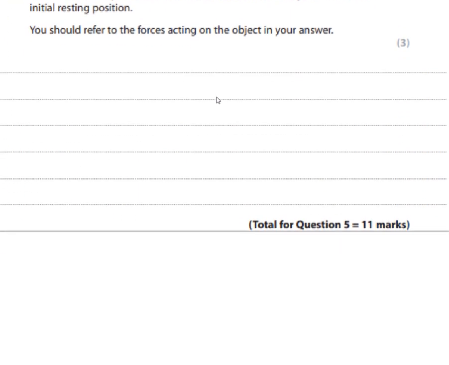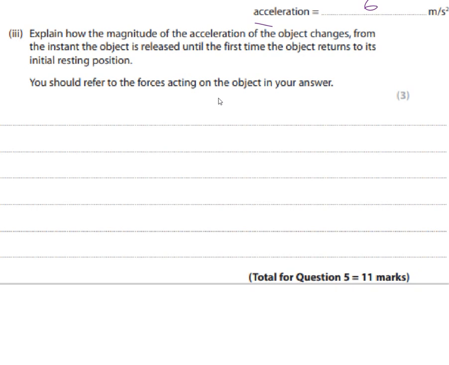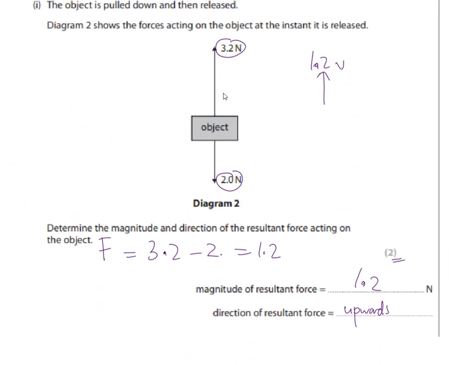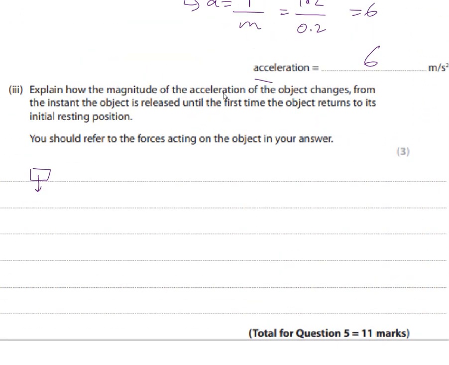Alright, now let's see what's going to happen. So we got the object being pulled down, and then it still has the reaction force. Now, when you let go, the object's going to go up with 1.2. And then, so we got the spring there.